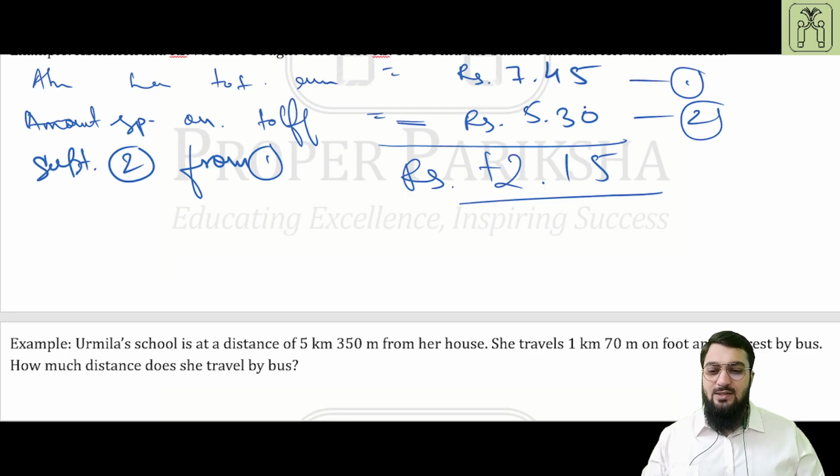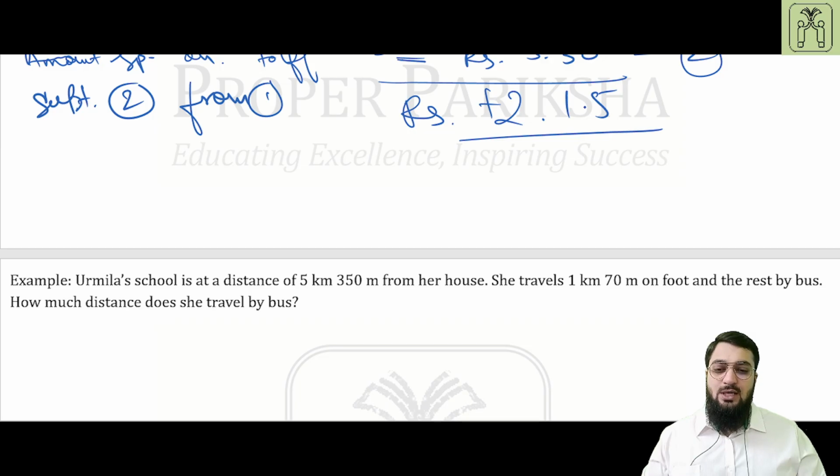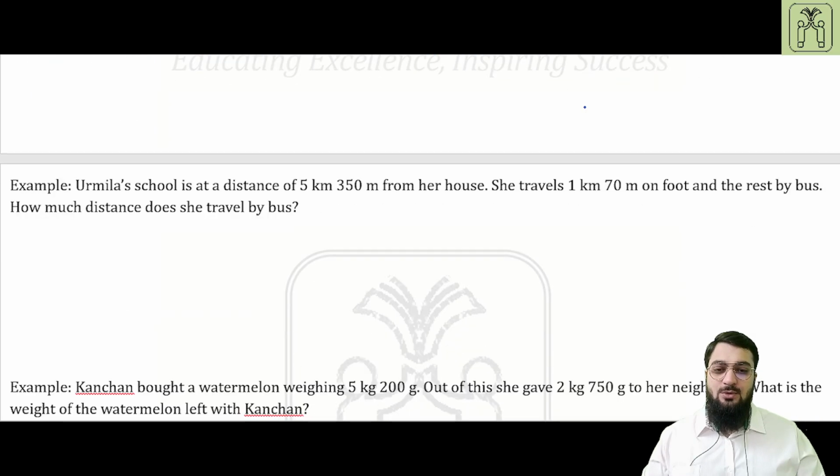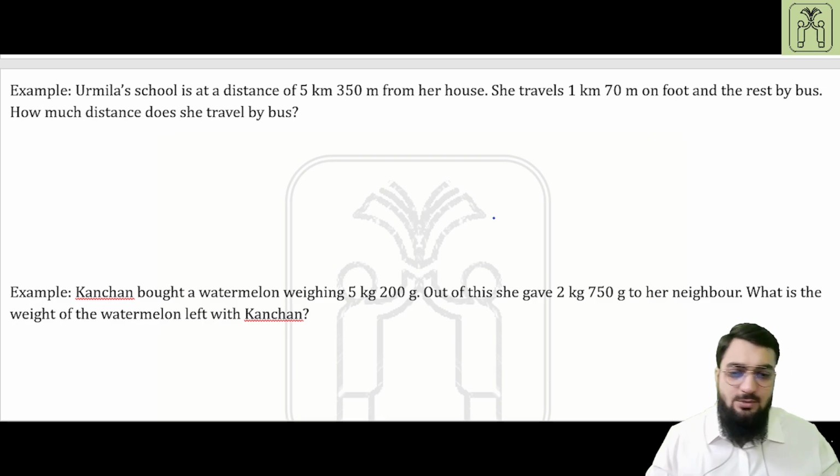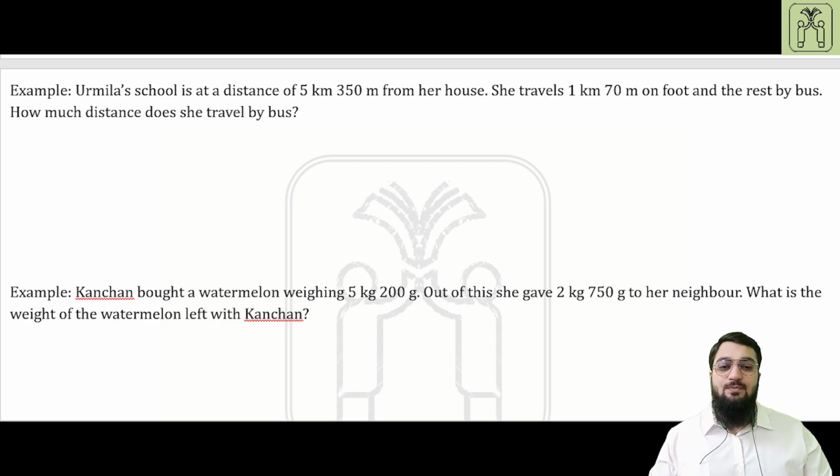Coming to the next example. Urmila's school is at a distance of 5 km 350 meter from her house. So the total distance between Urmila's house and her school has been mentioned in the question. Next is that she travels some distance on foot and the rest by bus.